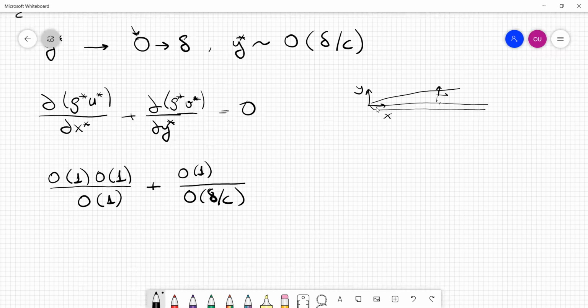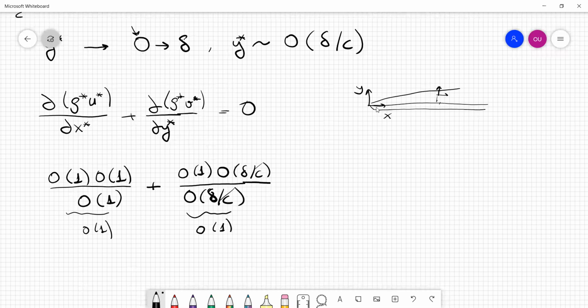So v star order of magnitude is also comparable to delta over c. Therefore, the first term is order of magnitude of 1, and these two factors have the same order of magnitude, so the second term is also in the order of magnitude of 1.